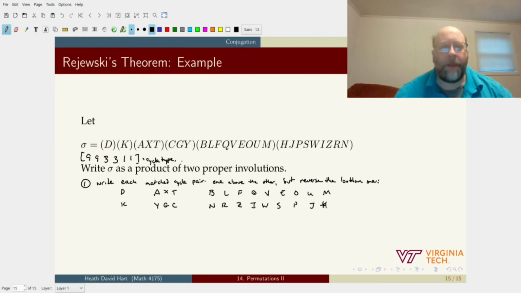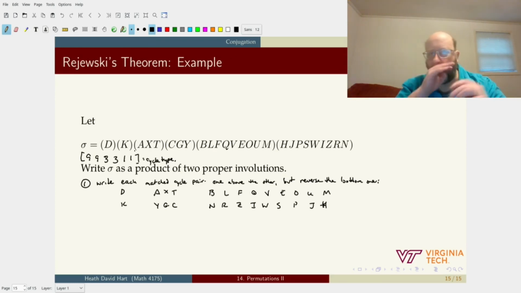So let me mention at this stage, it does not matter which of these we put on top, as long as one of them is going forwards and the other one's going backwards. And if we had more than 2 cycles of the same type, say we had 4 cycles that all had length 3, it doesn't matter whether I pair these 2 together and these 2 together, or these 2 and these 2.